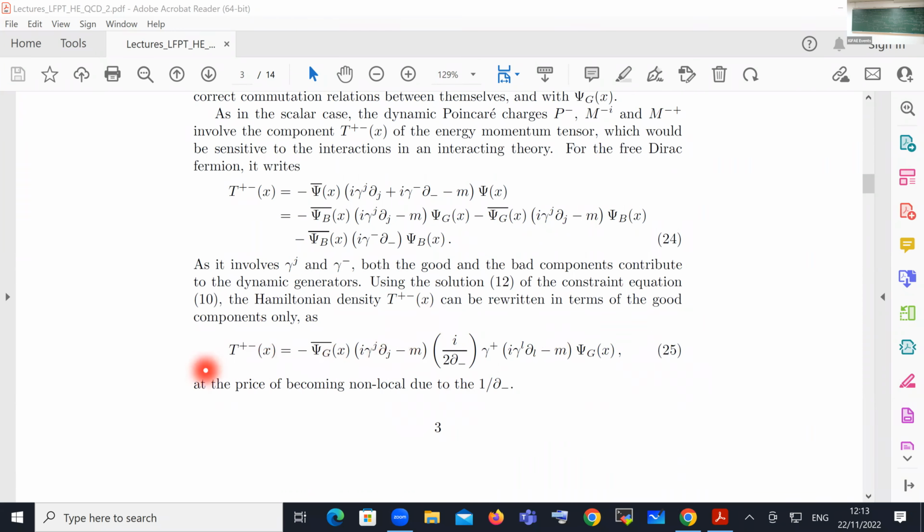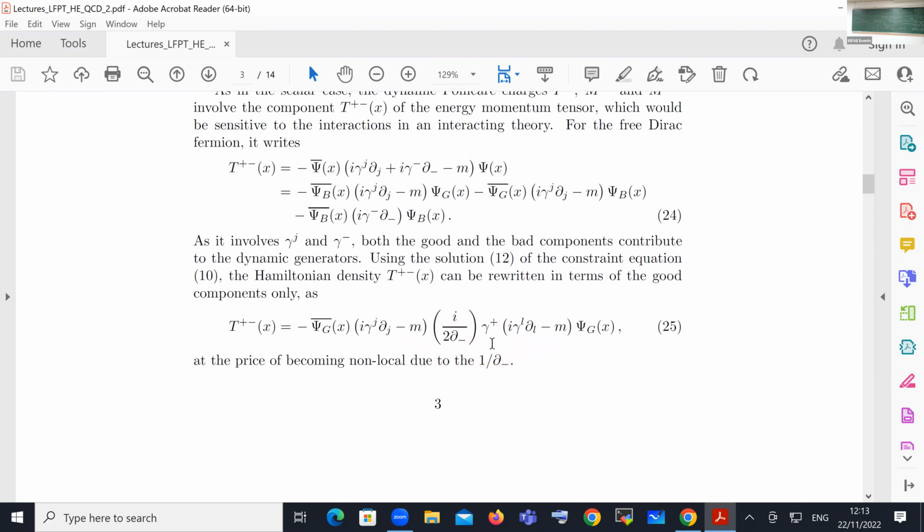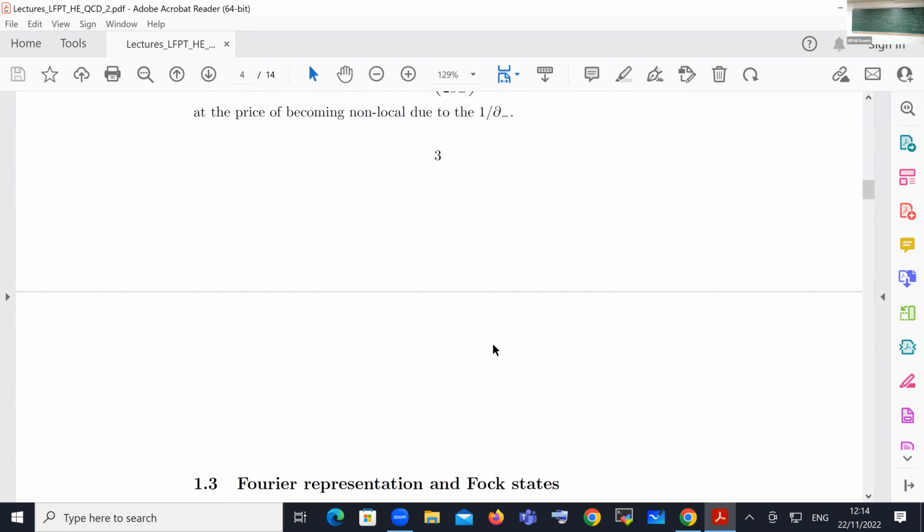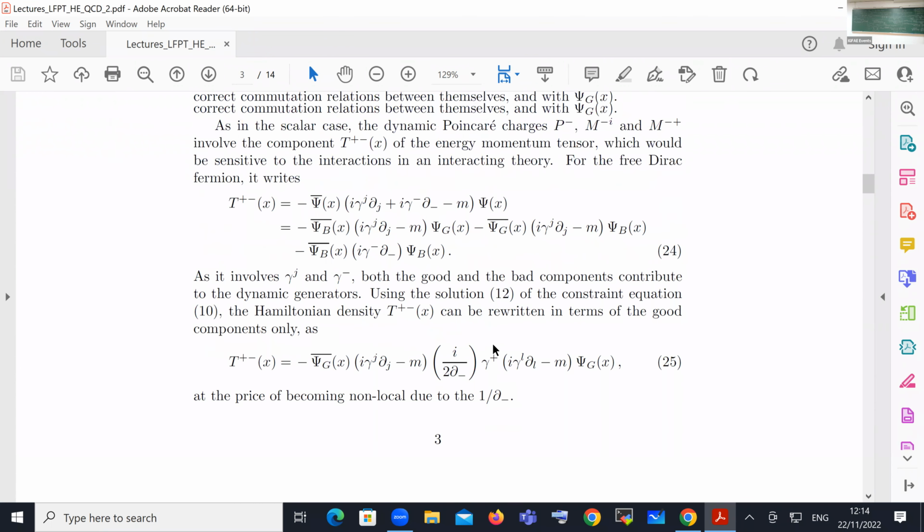But now this becomes non-local, you see, because there is this inverse minus derivative. So this basically means that there is a convolution along the minus direction here. So effectively now, if you write down your Hamiltonian like the P minus, instead of being an integration of a local operator, that would be something kind of bilocal, at least in the minus direction here.